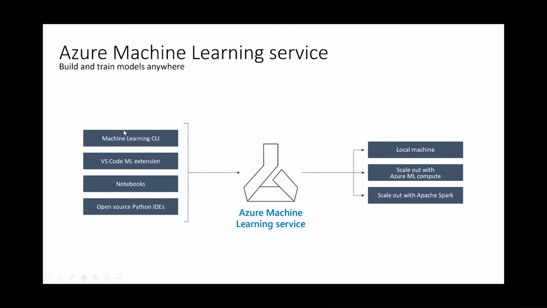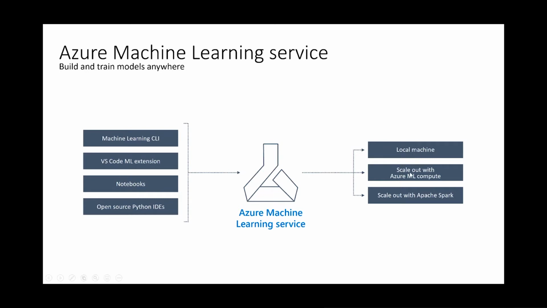You can pretty much perform your own code-based approach. Use, as I mentioned before, VS Code, notebooks, or other IDEs, and you can either execute that ML model on your local computer, or scale out with Azure ML Compute, whether it's CPU-based or GPU-based, depending on the type of algorithm that you're working with.